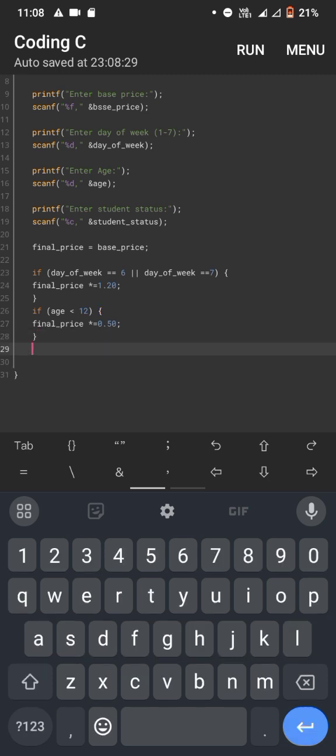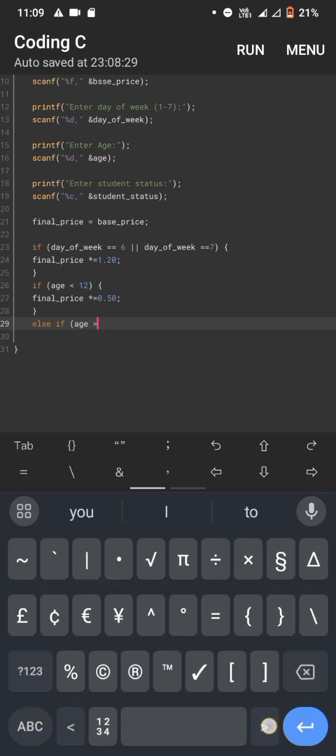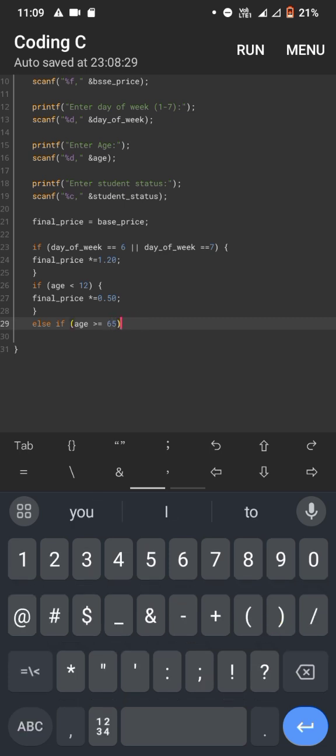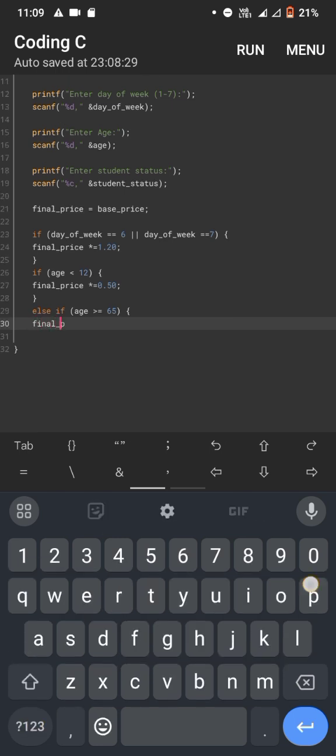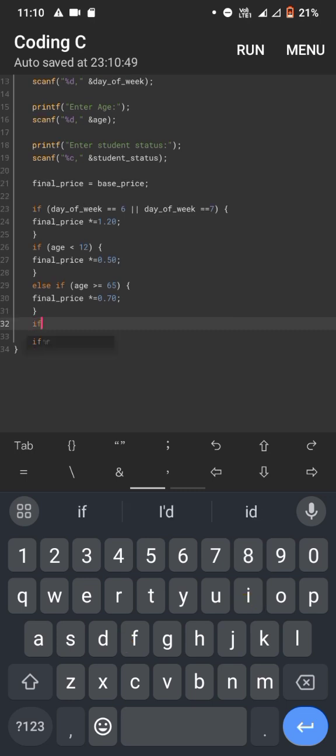So the next one is to use else if age is greater than or equal to 65, in parentheses, the final price is multiplied by 0.70. So for age, if the person is 65 years old or older, they get a 30% discount.